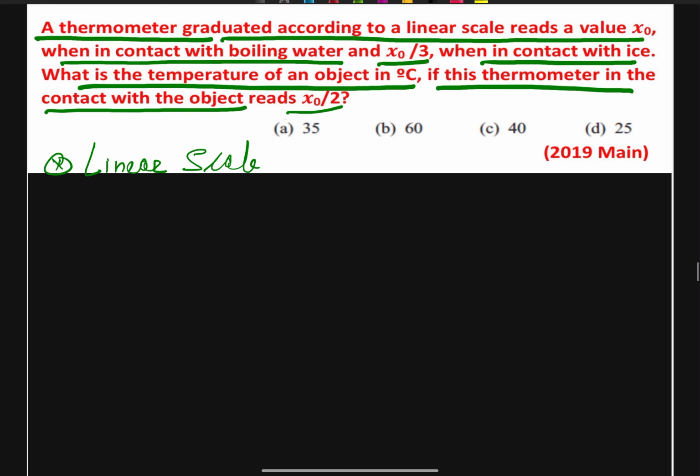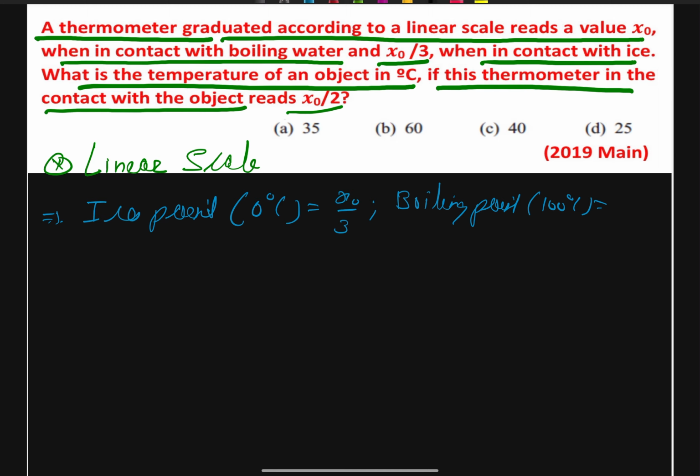Therefore, we can say that for our ice point, which is our 0 degree centigrade, the reading is given as x naught by 3, and for boiling water, our boiling point, which is our 100 degree centigrade, the reading is given as x naught.